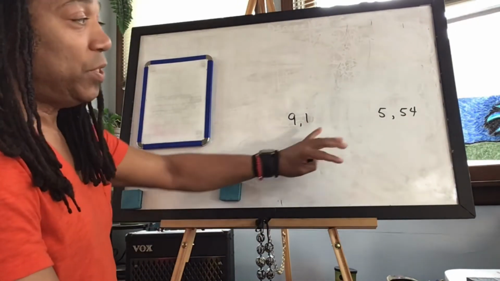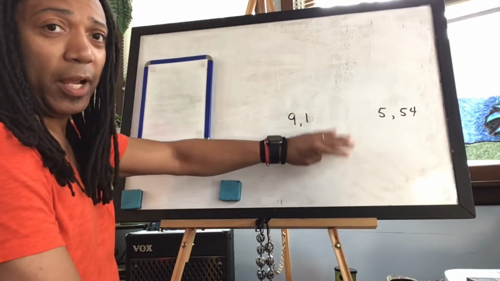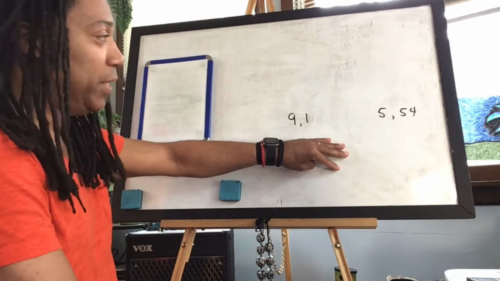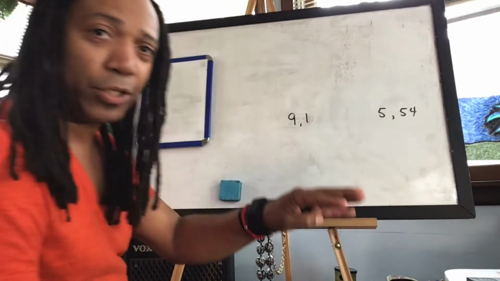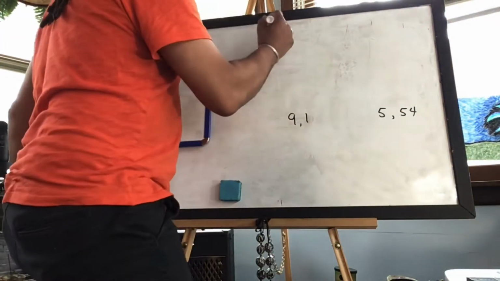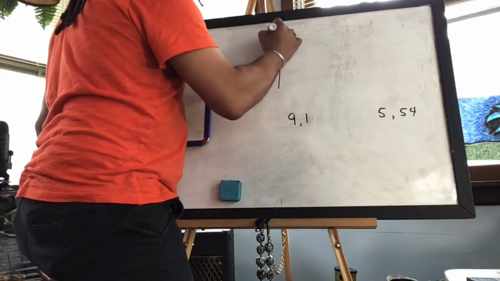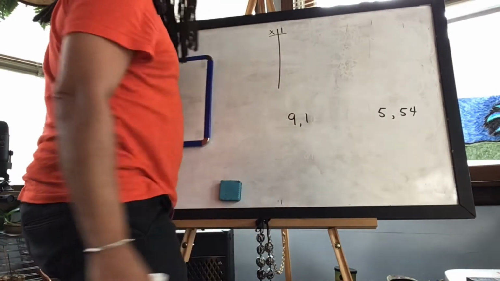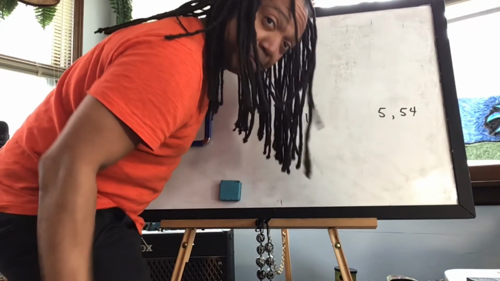Well, since now we can use multiplication and division, what that means is when we do our t-tables as our strategy to help us, we have to go all the way from 1 times to 12 times.